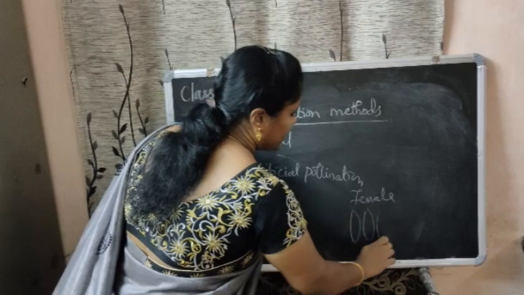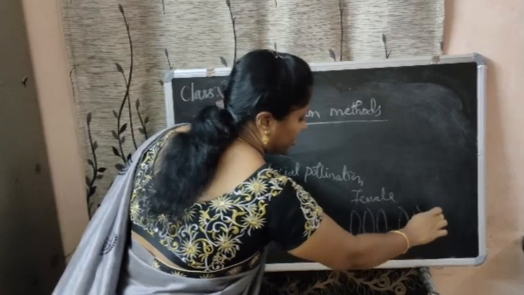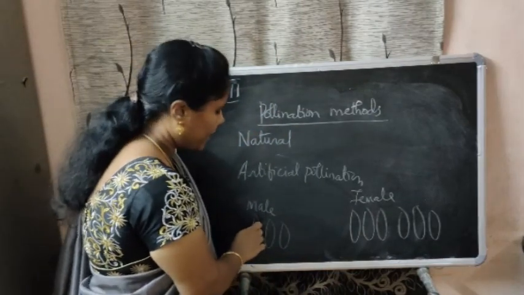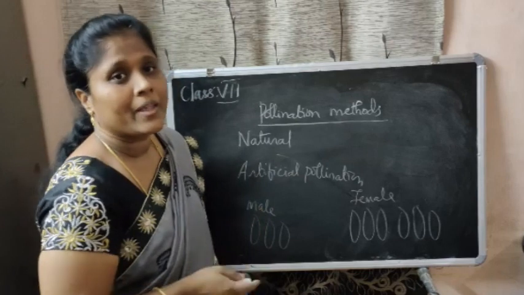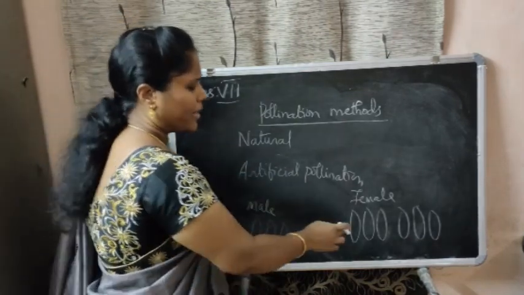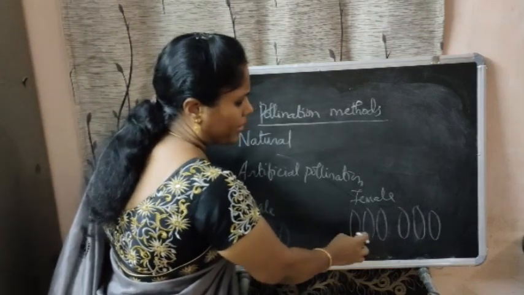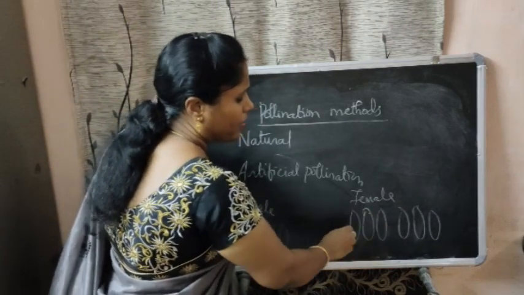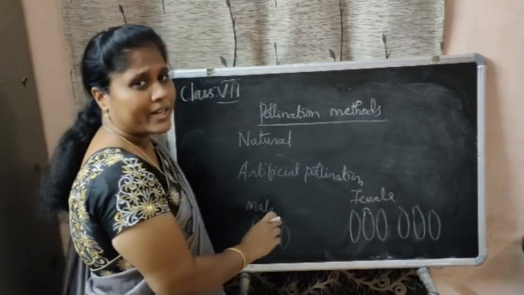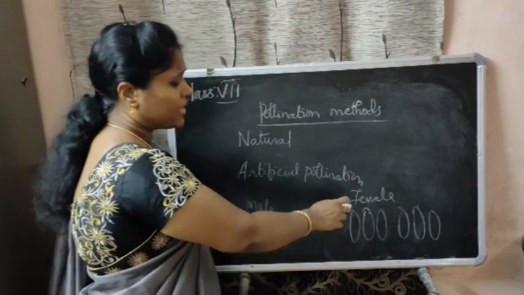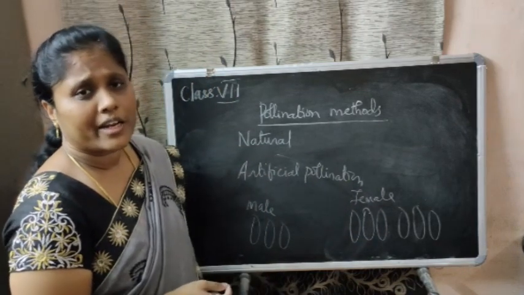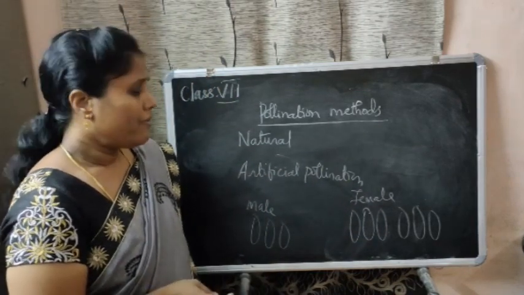They will tap and collect the powder-like pollen grains from the male flower, and before the buds open, the female flower buds will be covered with plastic bags. After that, the collected pollen grains will be dusted on the stigma of the female flowers.